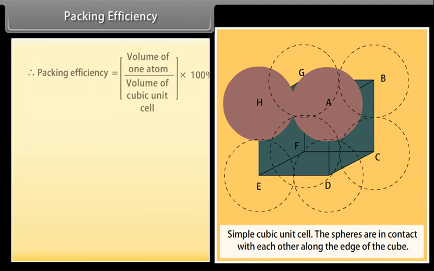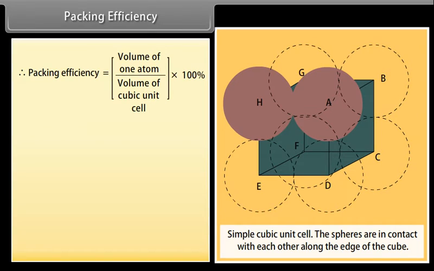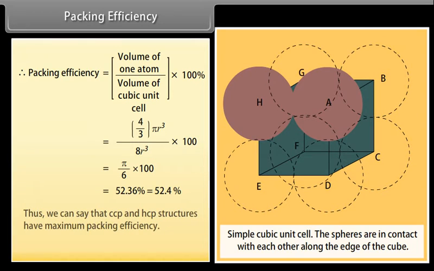Therefore, packing efficiency is equal to volume of 1 atom upon volume of cubic unit cell into 100%, which is equal to 4/3 pi r cube upon 8r cube into 100, which is equal to pi/6 into 100, which equals 52.36%, which is equal to 52.4%. Thus, we can say that CCP and HCP structures have maximum packing efficiency.